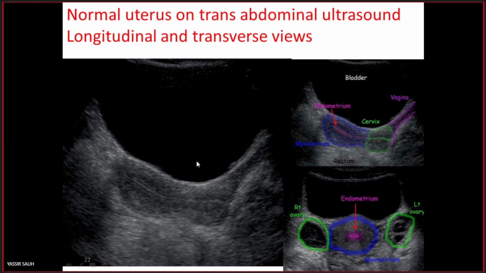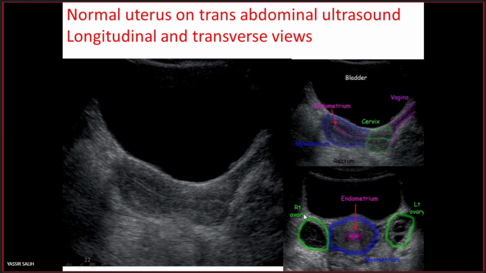This is the urine within the urinary bladder, and this is the uterus in sagittal or longitudinal view. This is the vagina, and this is the cervix. This is the uterus, the fundus of the uterus. This is the myometrium, and this is also myometrium. In the center, this is the endometrium, which appears hyperechoid, and this is the myometrium in this longitudinal ultrasound scan.